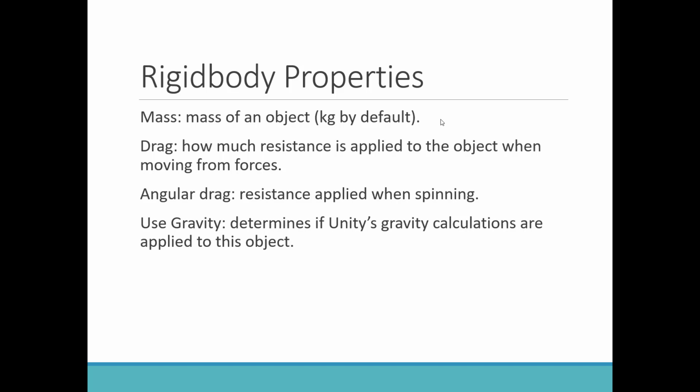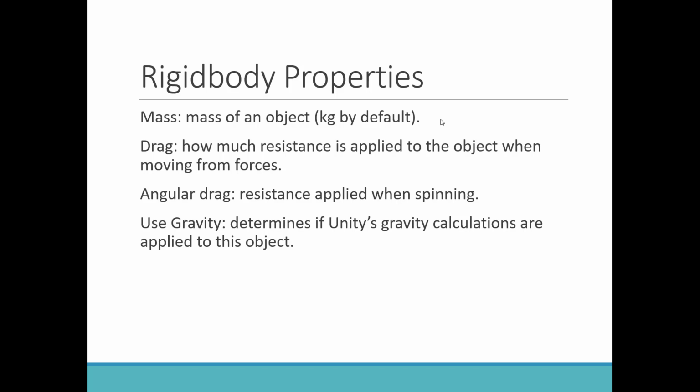So if you have a big object that's supposed to be pretty sturdy, you want to set the mass to be much higher than if you have a little bouncy ball that's going to be a lot lighter. So even though by default we're considering it to be kilograms, that's not really what matters. What really matters is that you set the weights of your different objects proportionally.